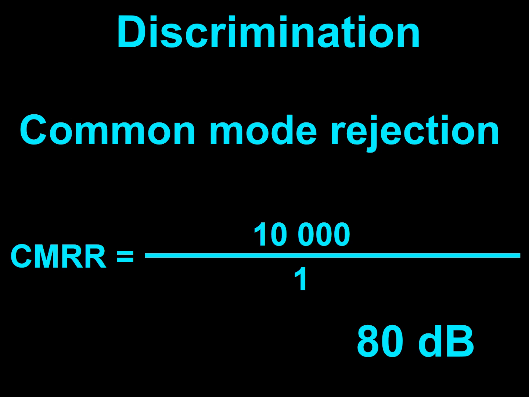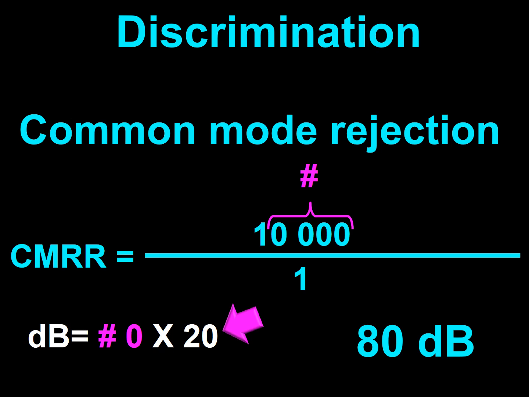Remember, it is easy to convert common mode rejection rate from natural numbers to decibel when the amplitude ratio consists of a 1 followed by zeros. Just count the number of zeros and multiply by 20. I will show you in this case.